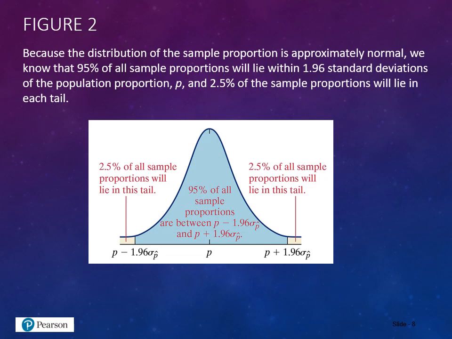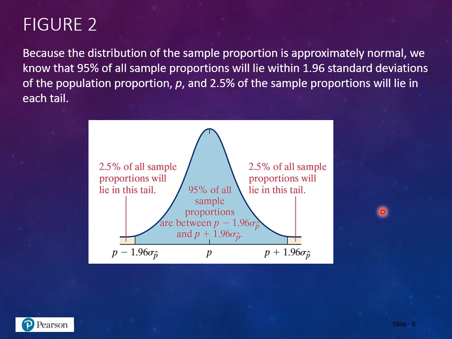So looking at this figure 2, because the distribution of the sample proportion is approximately normal, and remember what we mean by normal is it's just this bell-shaped curve. It kind of connects with the concept of the empirical model and the different percentages that fall within 1, 2, and 3 standard deviations. Remember those from the empirical rule.